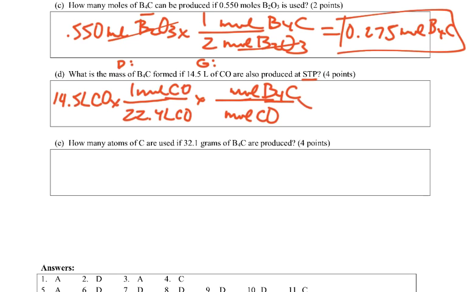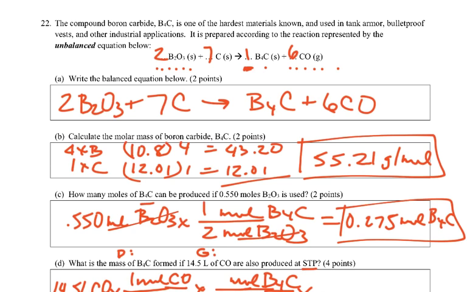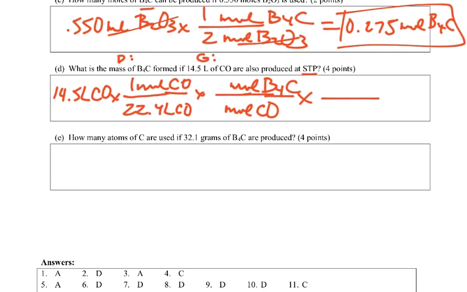Okay, and I'm going to get to mass, but let's go back. In my equation, the CO has 6 and B4C has 1. So this is 6 and this is 1. And the last thing here, for every 1 mole of B4C, I need to know how many grams that is.